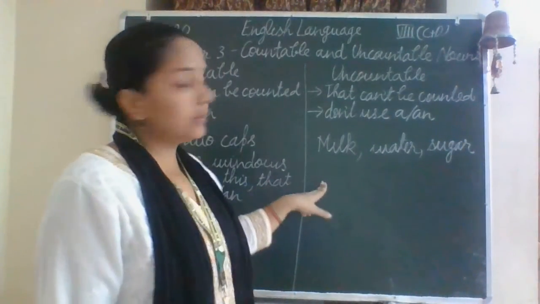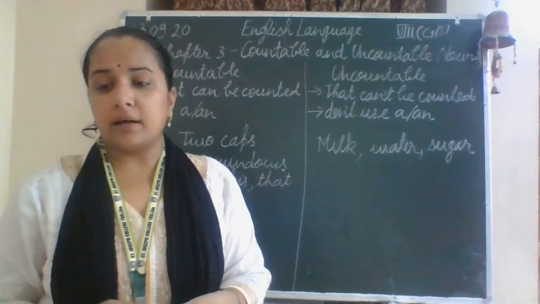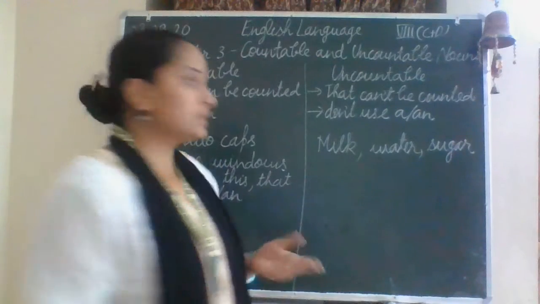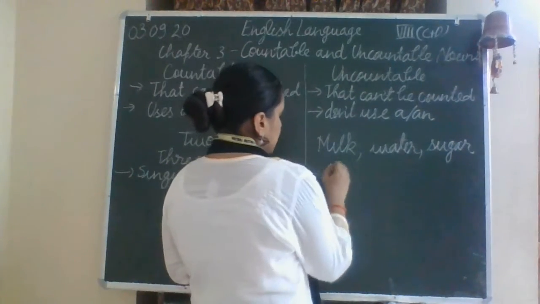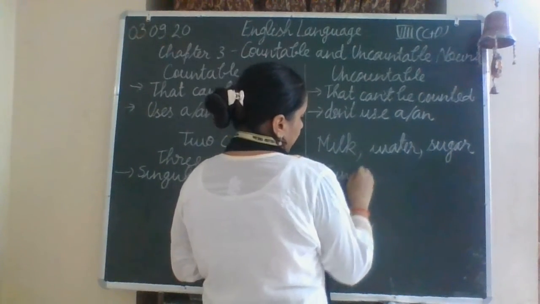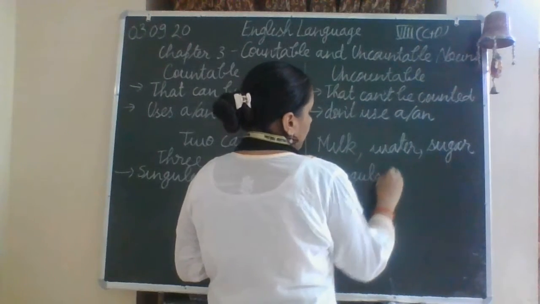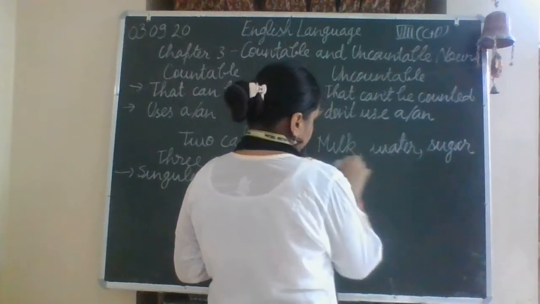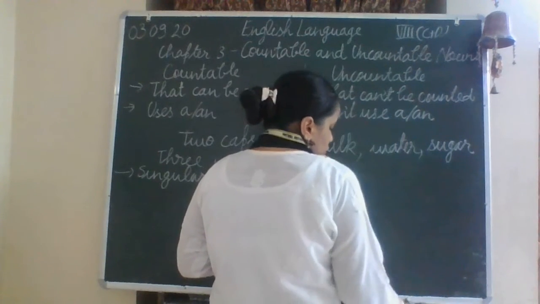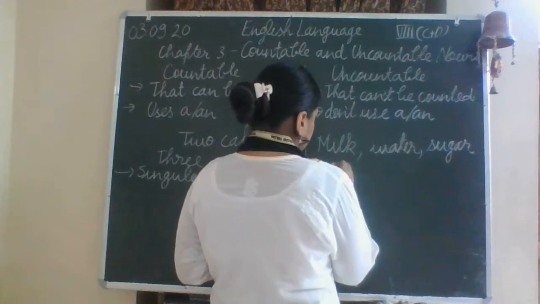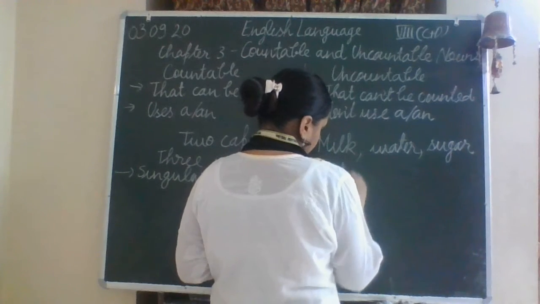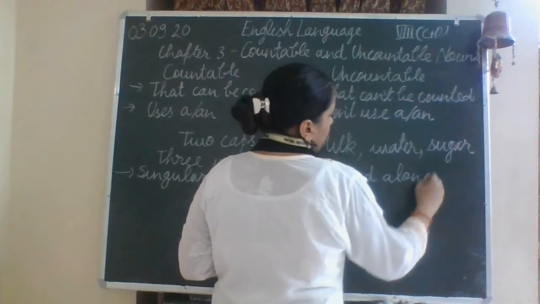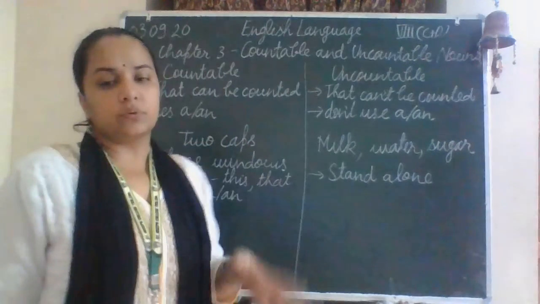But whenever we are talking about the uncountable noun, even if it is singular or plural, here we do not actually talk about the singular or plural. So they can stand alone. We do not need to point out the things.